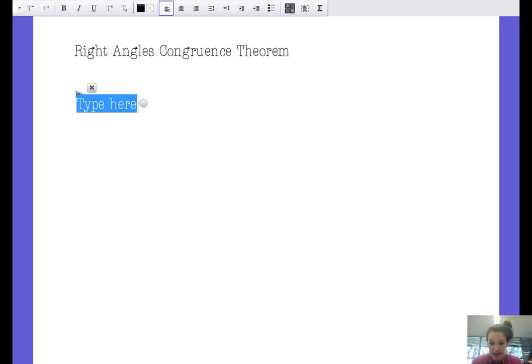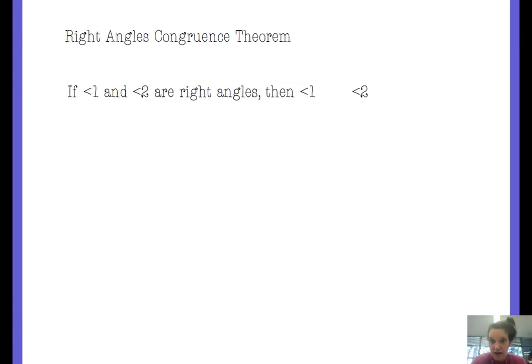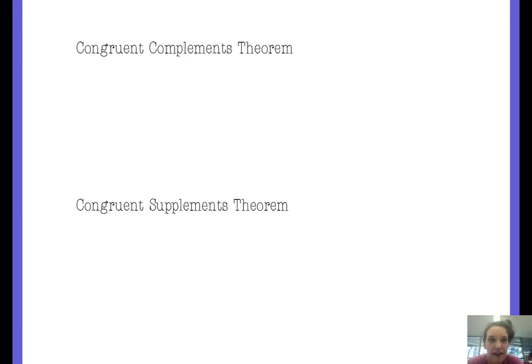So if angle 1 and angle 2 are right angles, then angle 1 should be congruent to angle 2. That's all that you do. It's pretty simple. If you know two angles are both right angles, then you can just jump ahead and say they're congruent to each other.